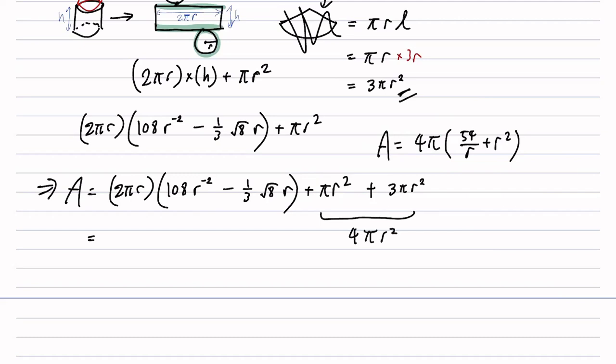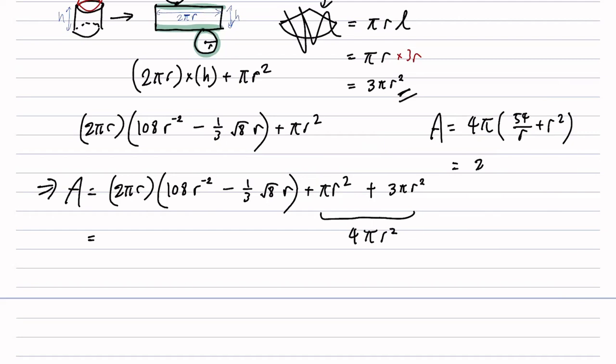If I just quickly expand the answer that they're asking us to show, we distribute the 4 pi into the first guy, we get 4 times 54, which is 216 pi over r plus 4 pi r square. Is this correct? Yes, so we see 4 pi r square, 4 pi r square.